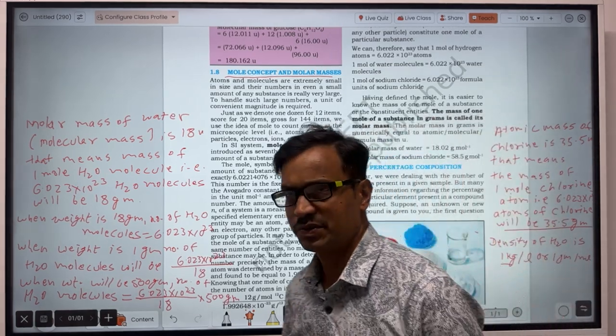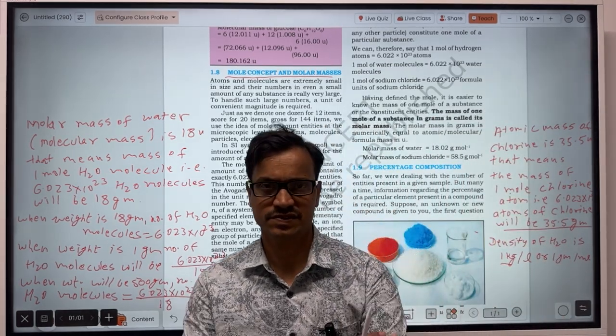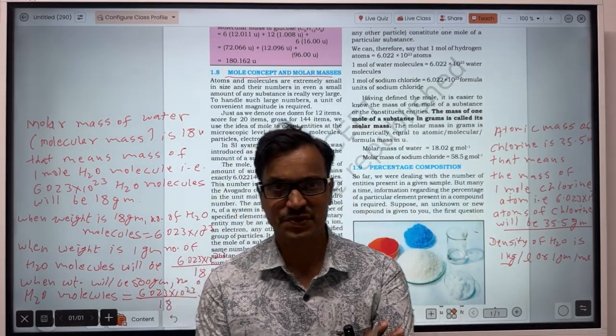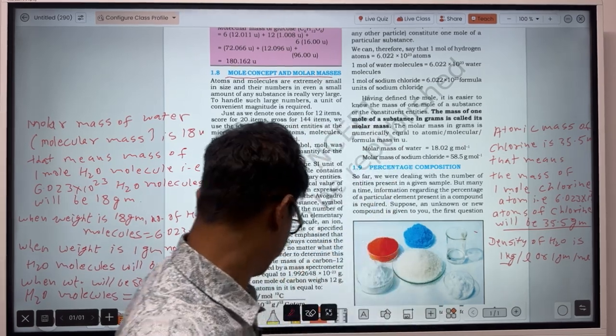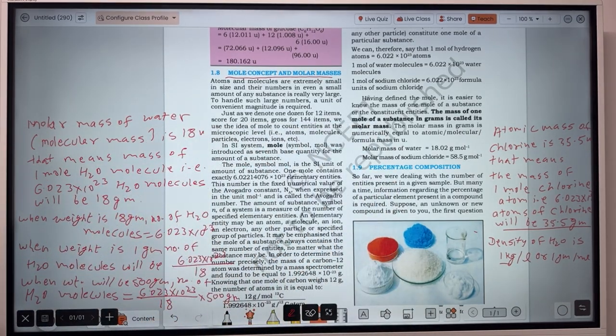In the examination, what to do? In the case of MCQ questions, how to solve fast. Let's see, 6.023 can be considered as 6. So 6 3s are 18.